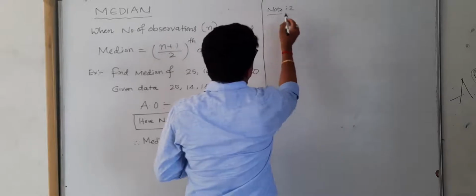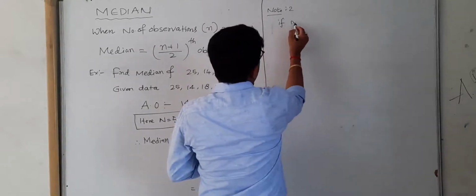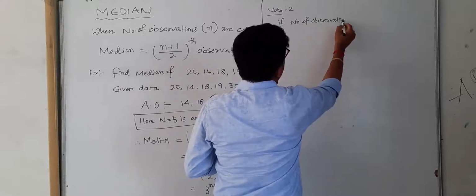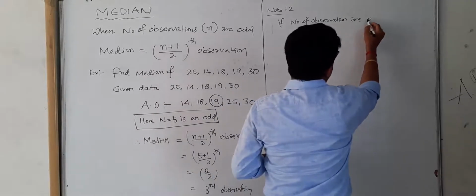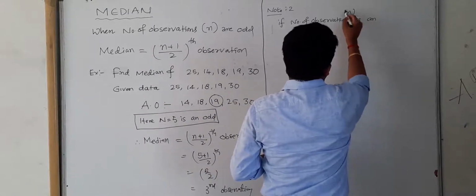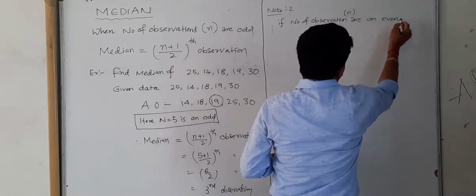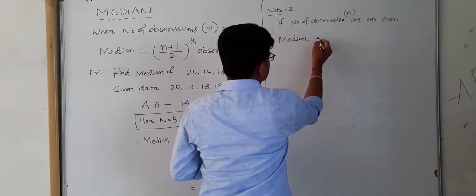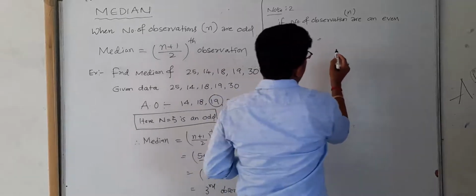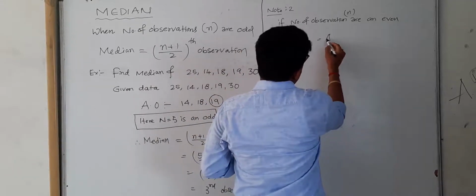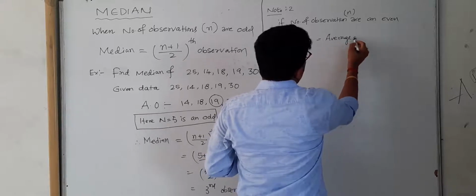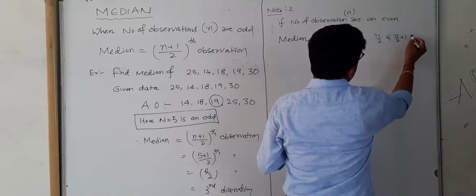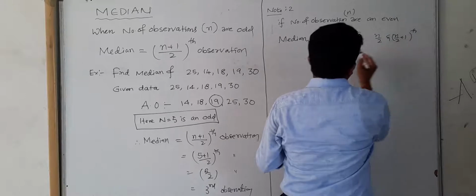Note 2. If the number of observations is even, then median is equal to the average of the n by 2th and (n by 2 plus 1)th observations.